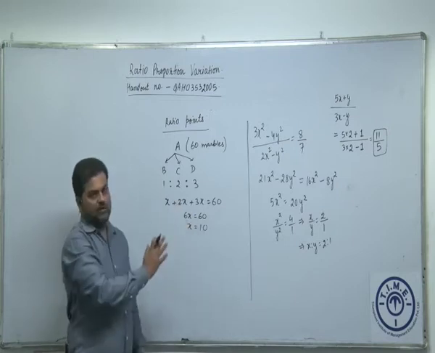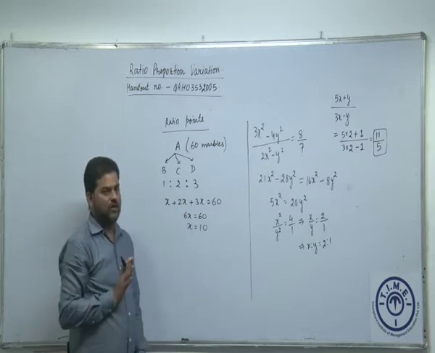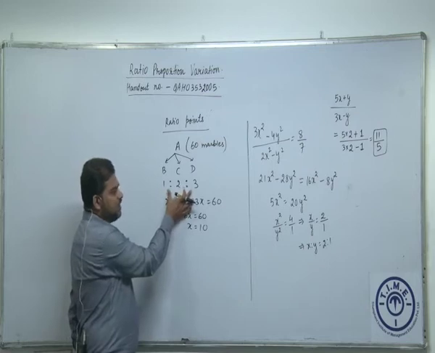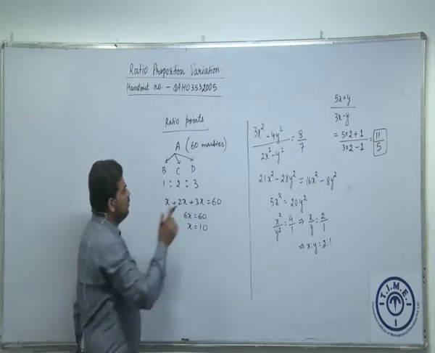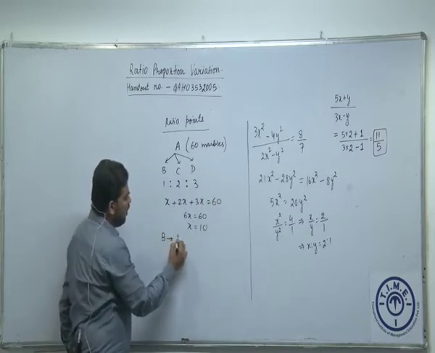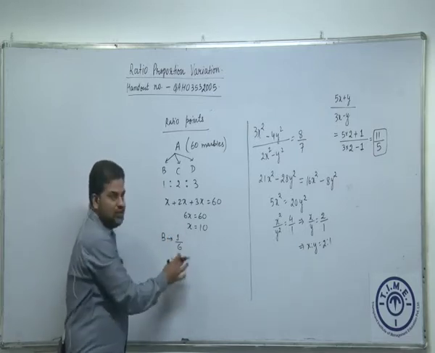We can do this directly. We can do this mentally also, with the help of the ratio points that we have learned. It will be simply like this. Out of 6 ratio points, B has got 1 ratio point. So B will get 1 by 6 of the total.